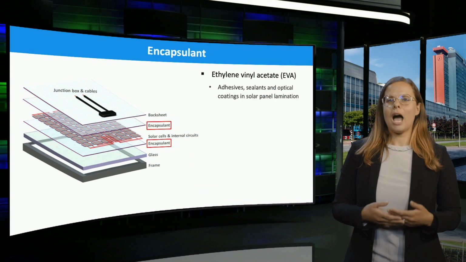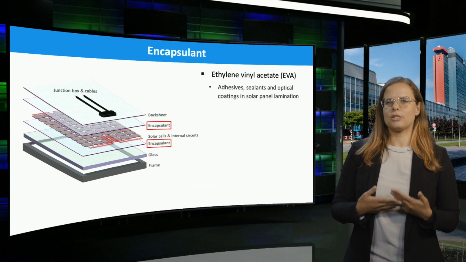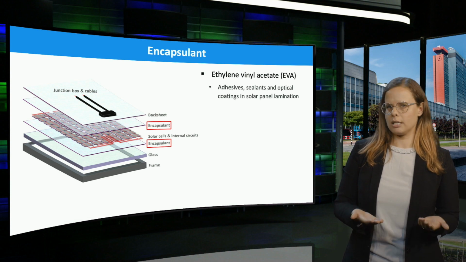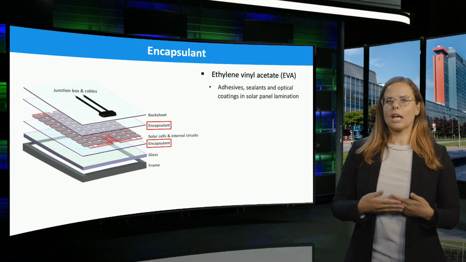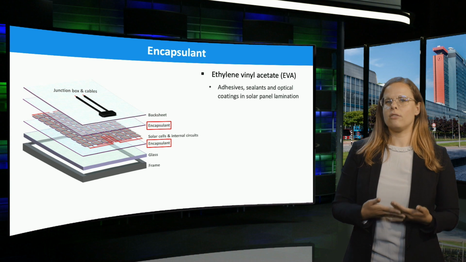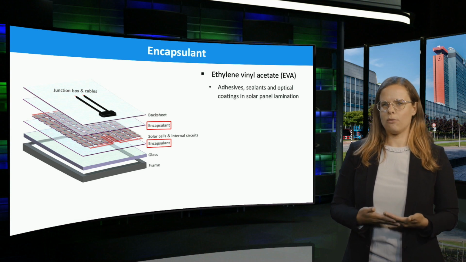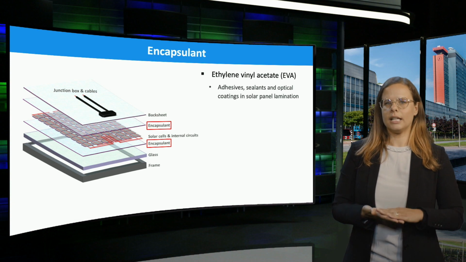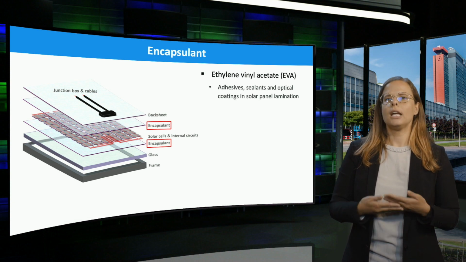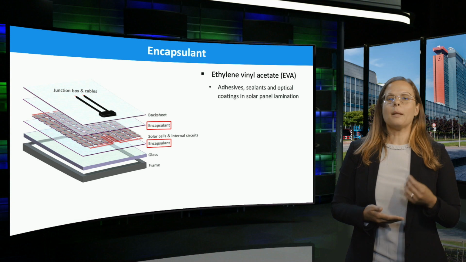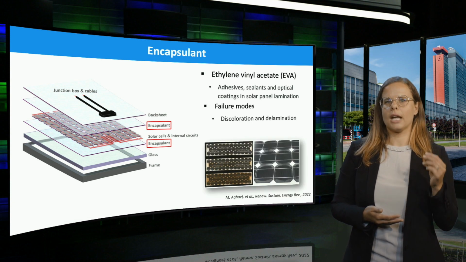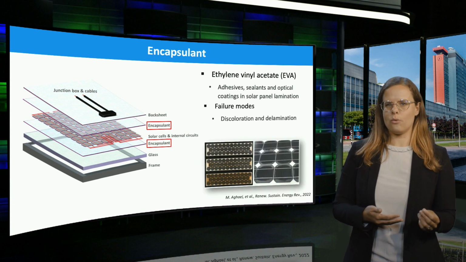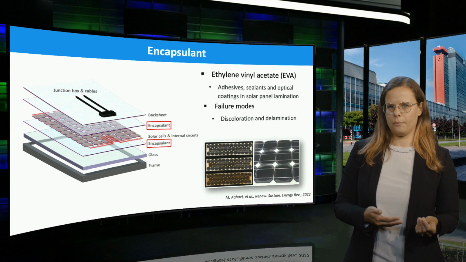Solar cells are in direct contact with elastomeric materials called encapsulants. The widely used encapsulant material is ethylene vinyl acetate, or EVA for short. They act as adhesives, sealants, and optical couplers in a solar panel. The main failure modes of PV encapsulants include discoloration and delamination.